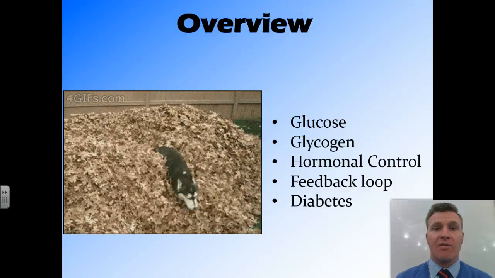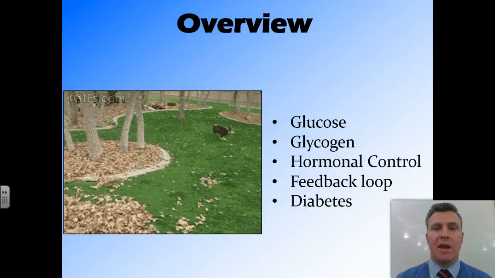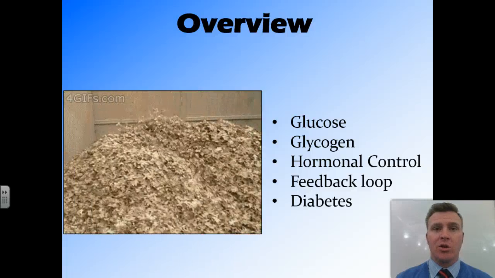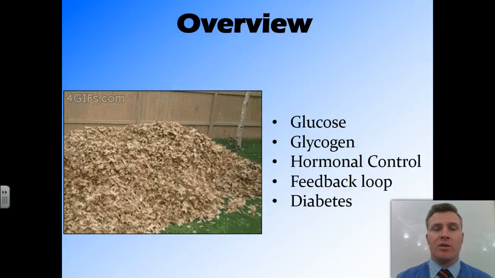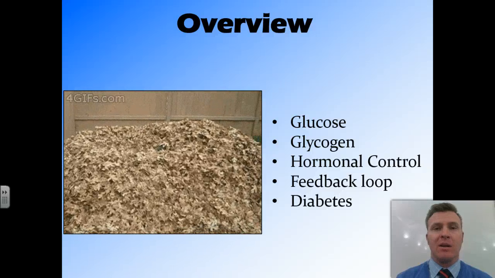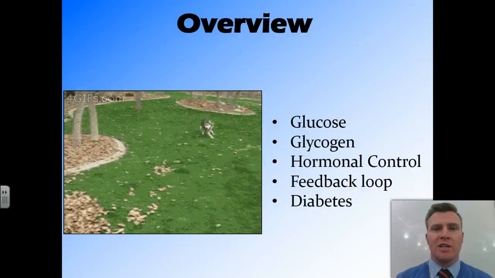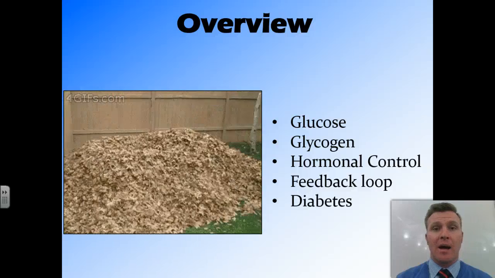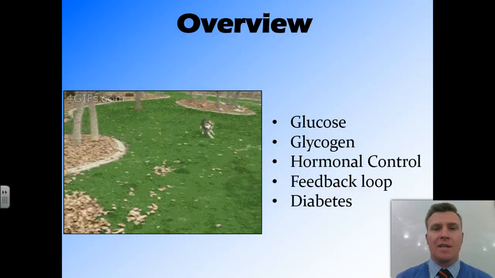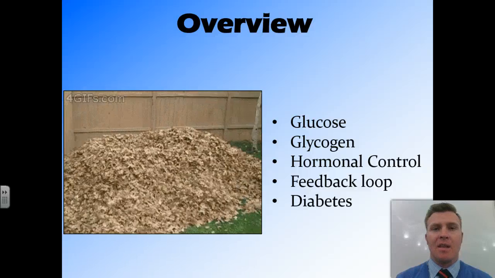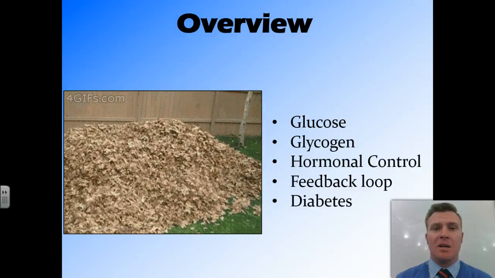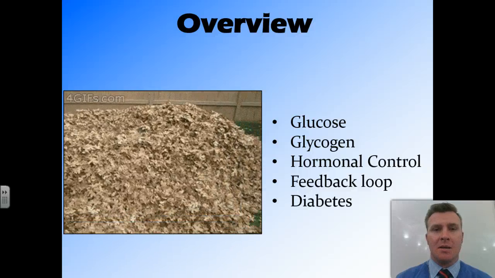We've looked at the feedback loop for what happens when there is too much sugar in the blood, which releases insulin to bring it back down, and too little sugar or glucose in the blood, which releases glucagon to bring it back up. And we've looked at diabetes, which can be either hypoglycemic diabetes or hyperglycemic diabetes.